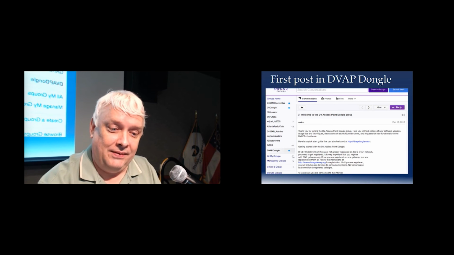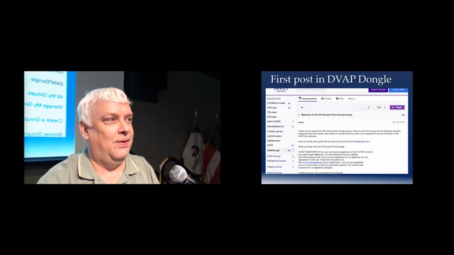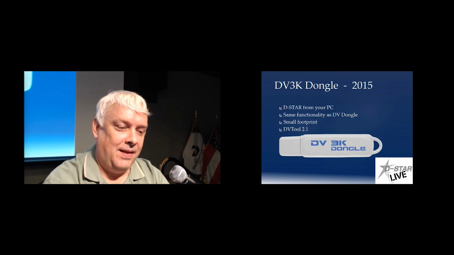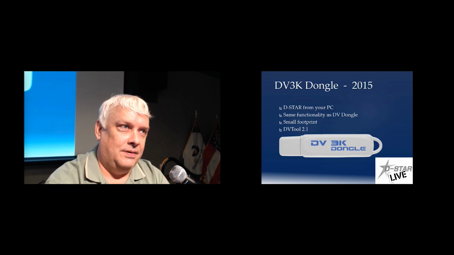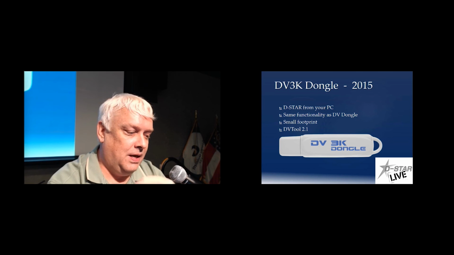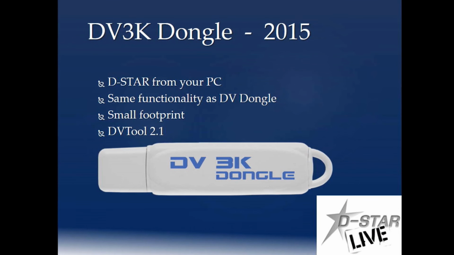It's hard to believe how long ago these devices came out and how D-Star has grown and survived. And the DV dongle, the little blue box, we decided we could make a smaller form factor even than some of the other devices that came out by going to a BGA package.